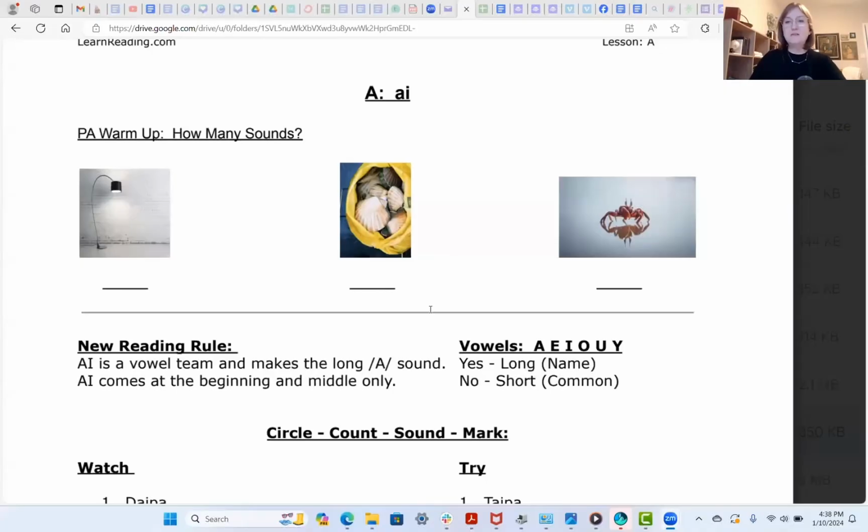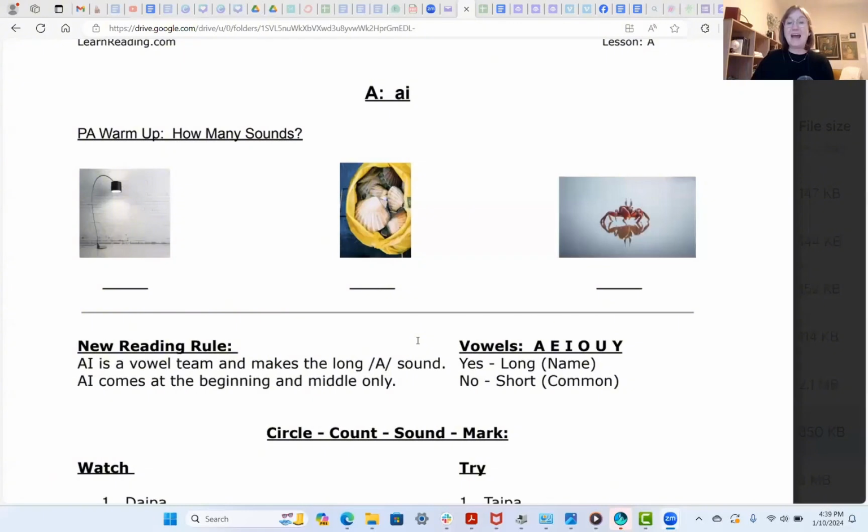Okay, one more. How many sounds in crab? Nice. Wow. Holy smokes. Good job, everyone. So a lot of people, not you, but some people, wow, my goodness, look at this.